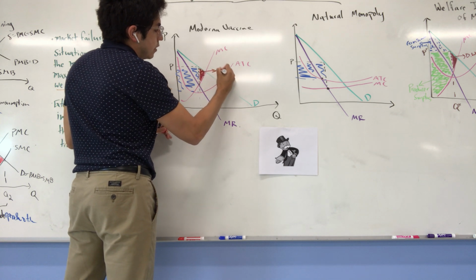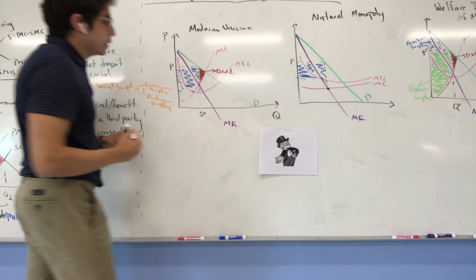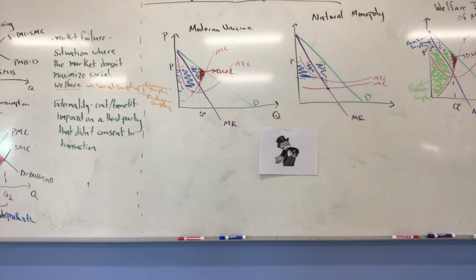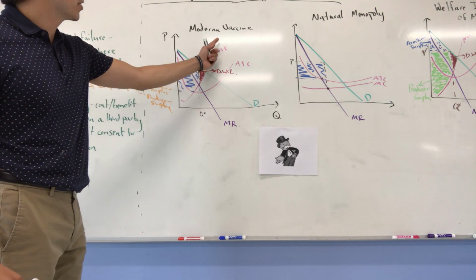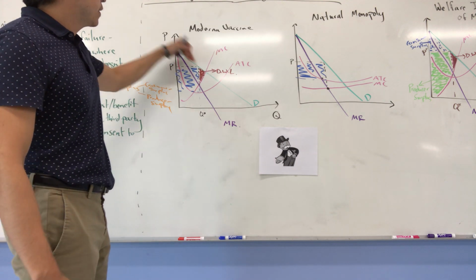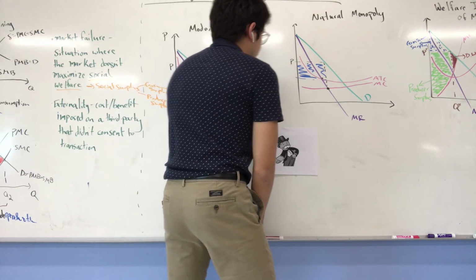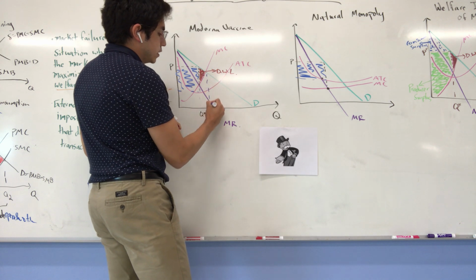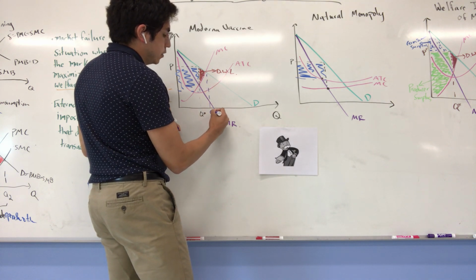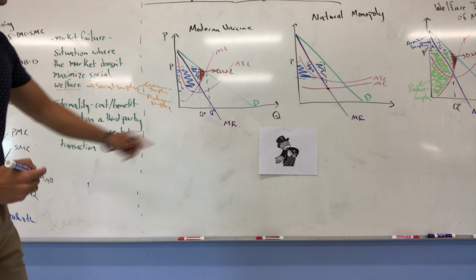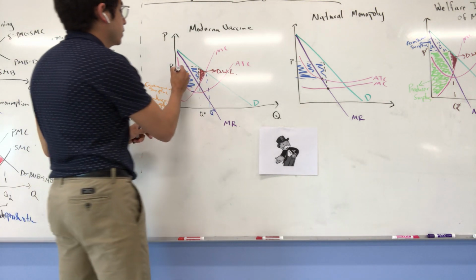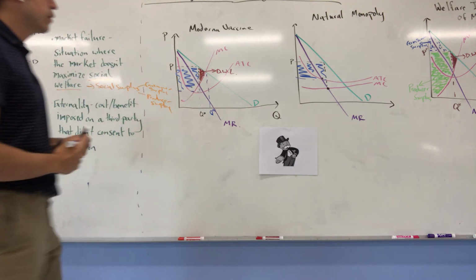We get a market failure with monopolies because we're not able to produce the social welfare maximizing quantity, which would be here at the intersection of the marginal cost curve and the demand curve. This would also be the allocatively efficient point. So I'm going to draw this as Q PC. Perfectly competitive markets would produce here, and they would actually produce at a lower price too.